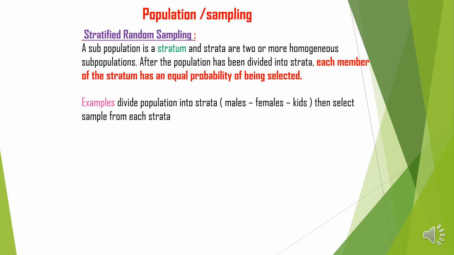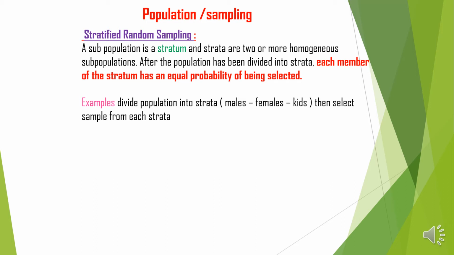Example here, if I have a population containing males, females, and kids, and I put them together and take a sample, maybe all of them will become males, maybe all of them become females, maybe all the sample I'm taking are kids. So what I'm going to do, I will separate them at first to males alone, females alone, kids alone, then take my sample from kids, another sample from females, another sample from males.